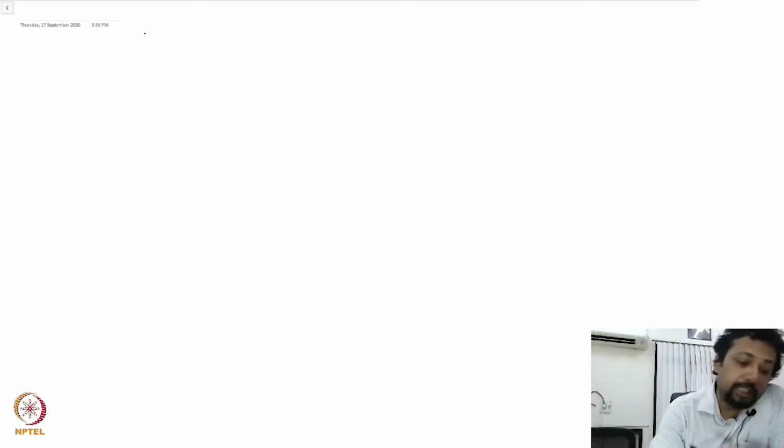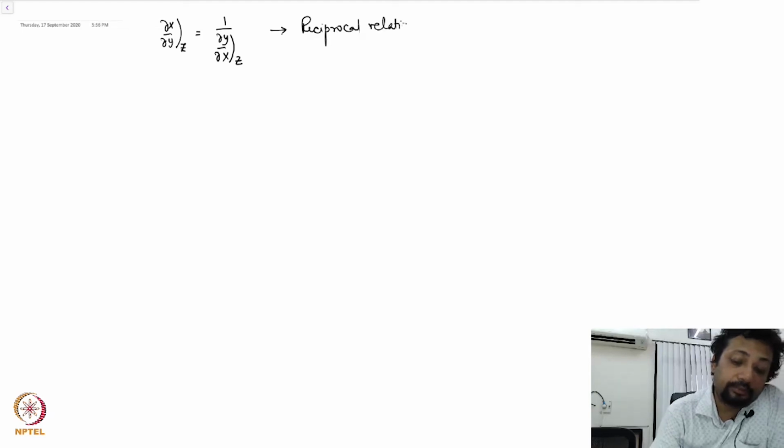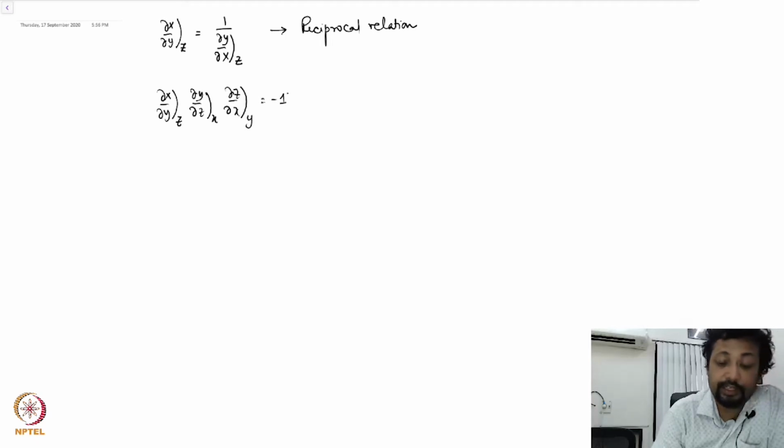Always remember the relations that we typically use. If z is held constant, del x del y at constant z is 1 over del y del x at constant z. This is your reciprocal relation. And then you have del x del y at z constant, del y del z at x constant, del z del x at y constant is -1. This is what is called the cyclic relation.